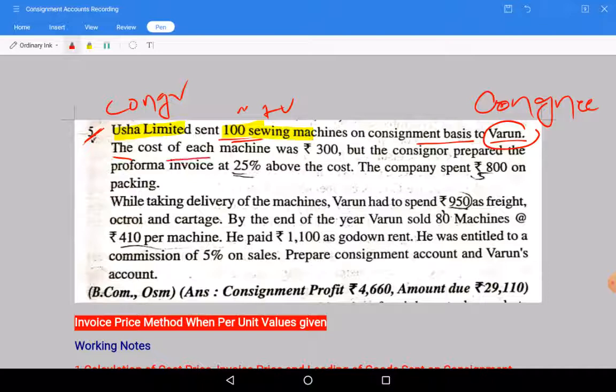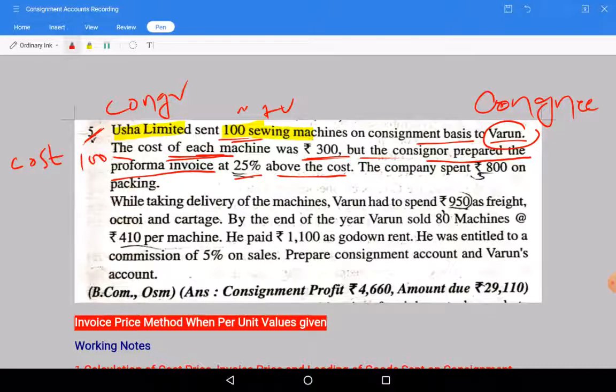The cost of each machine, each means per unit, is 300, but the consignor prepared the pro forma invoice 25% above the cost. When they say above cost, what does it mean? We should take cost as 100.